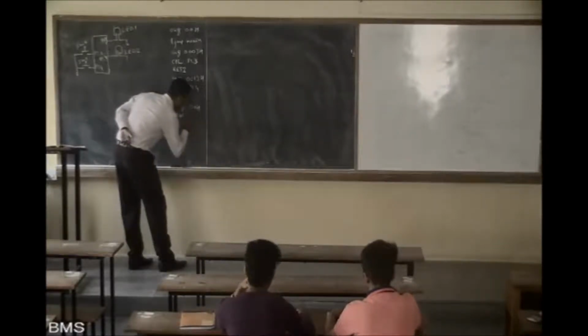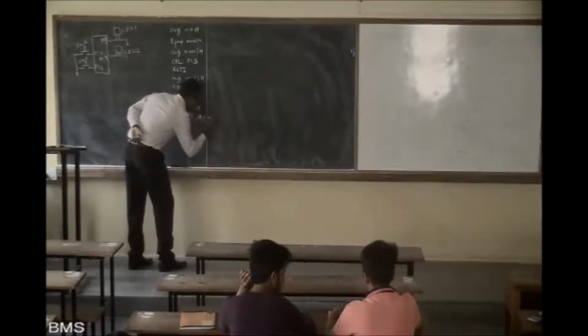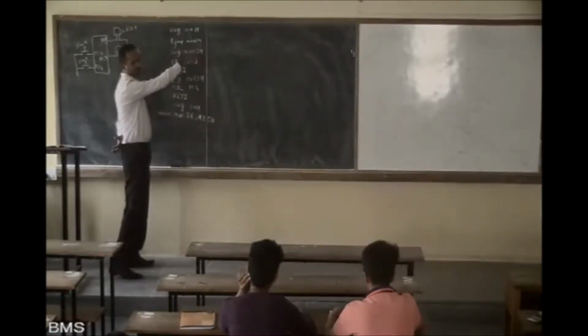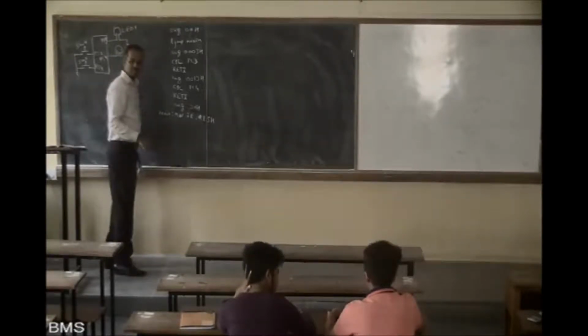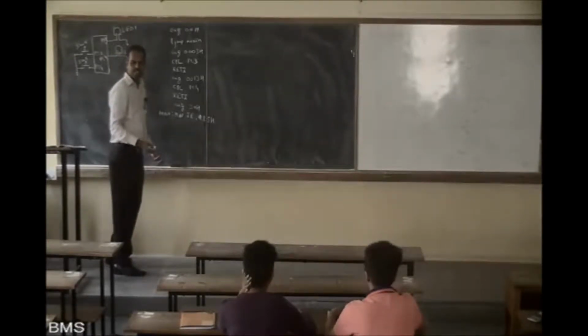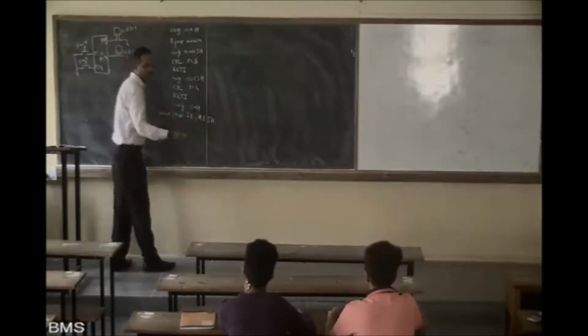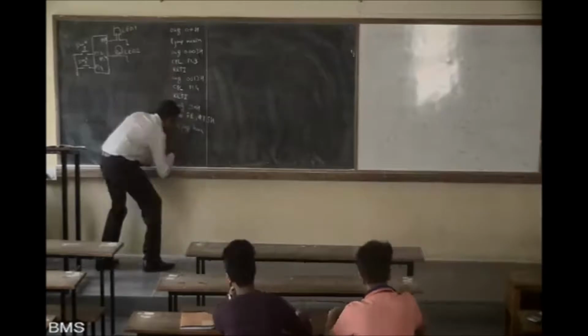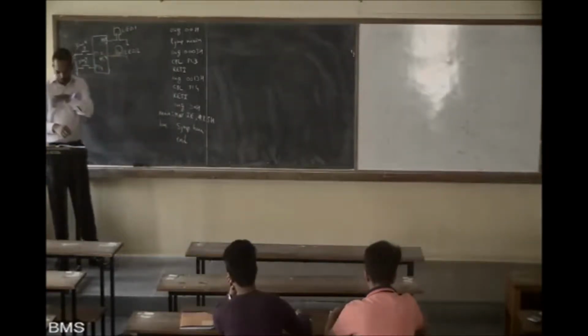MOV IE, #85H. Why 85? We have got it from that earlier. Then next, simply waste some time. That wasting time can be any program, as I mentioned. That's all.